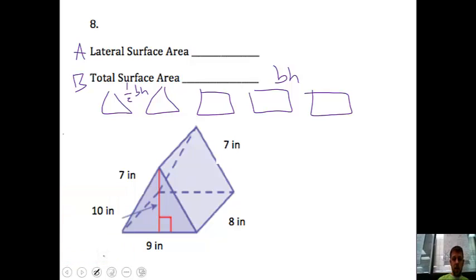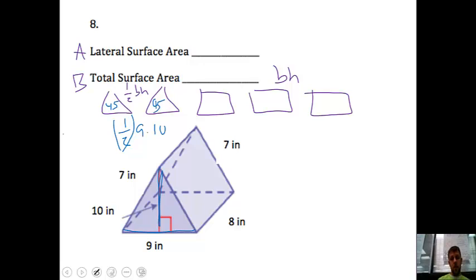What I want to do now is find the base and height of this triangle, which seems to be 1/2, the base is 9, and the height is 10. When I put that in the calculator, with parentheses around my half, I end up getting 45.